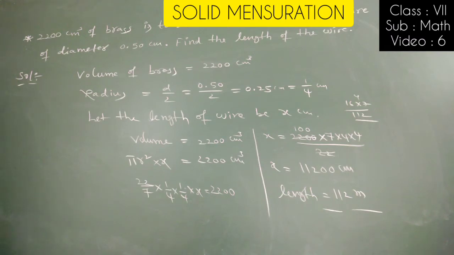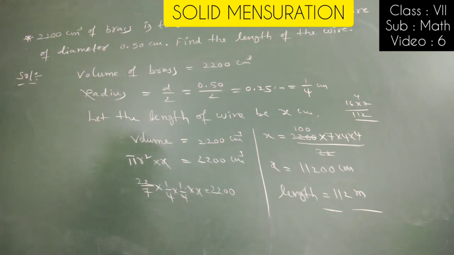So pi r square x equal to 2200, x equal to 2200 into 1 by pi r square. Here pi means 22 by 7, becomes 7 by 22. r means 1 by 4, becomes 4 by 1. So after simplification we got 11200 centimeters. Since a somewhat bigger length is given, we need to convert it into meters. Length equal to 112 meters. In this way we can find the required one.